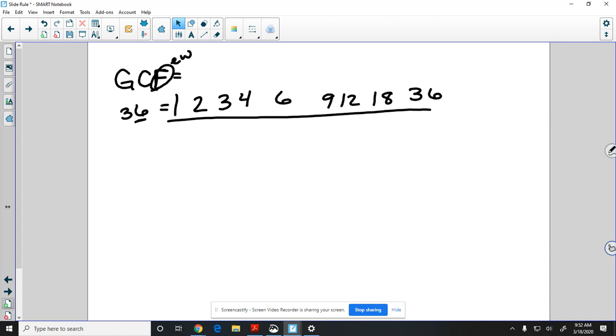Multiples, so with your LCM, your multiples are many. Multiples never end. Let's say I want to find all the multiples of 3.